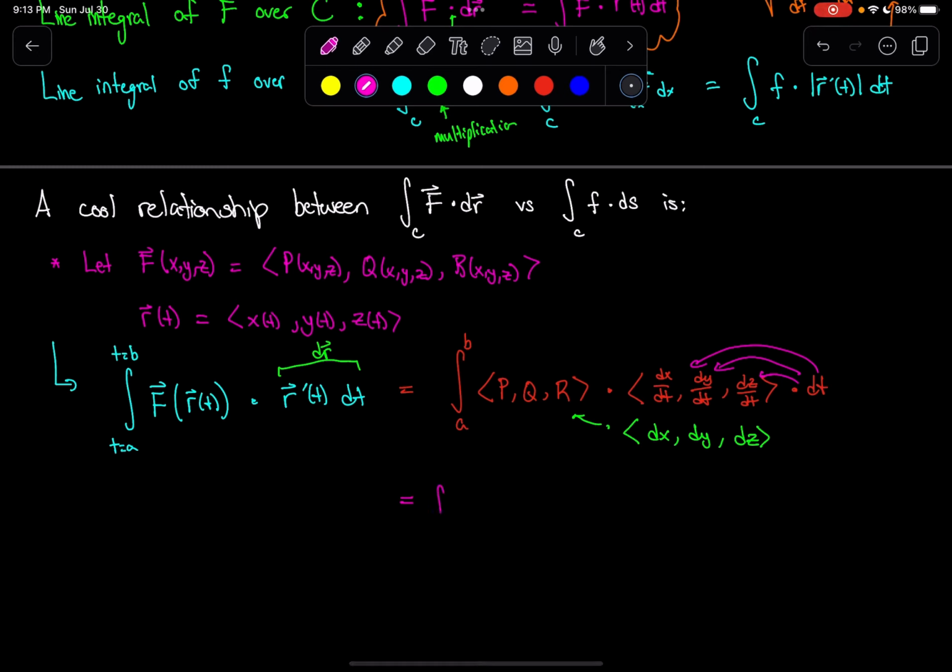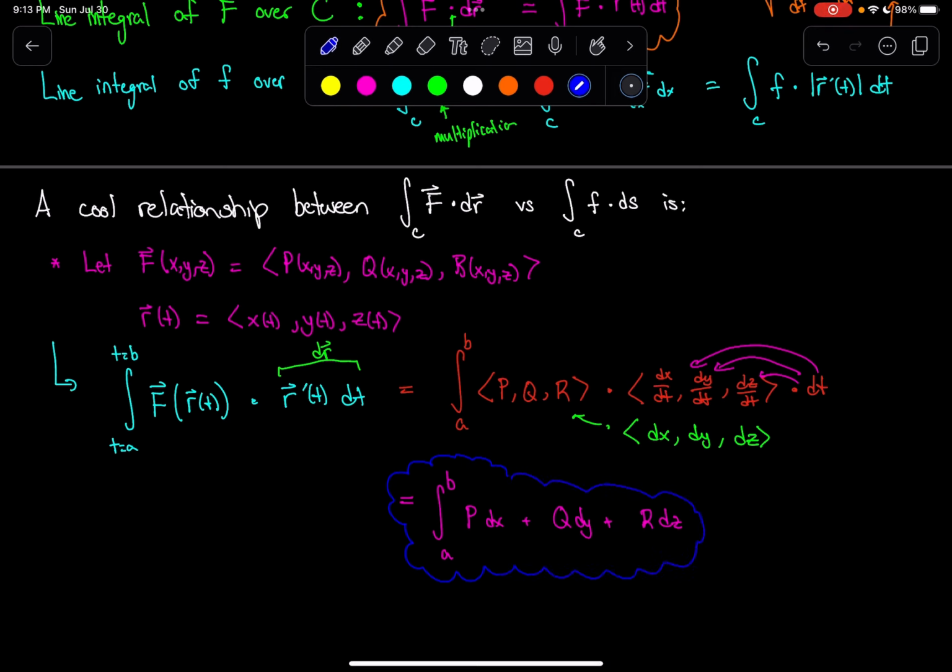Well, I just get the integral from a to b of p dx plus q dy plus r dz. I get this weird little formula right here. And this is going to play a more interesting role later on.